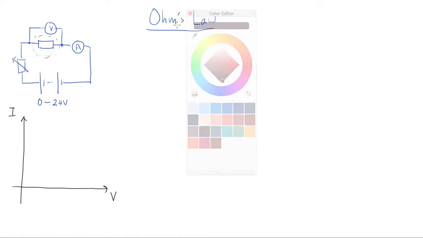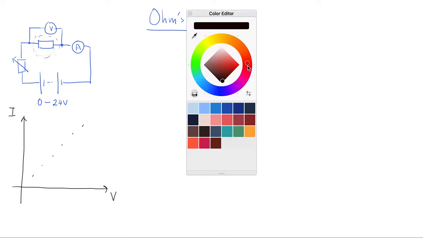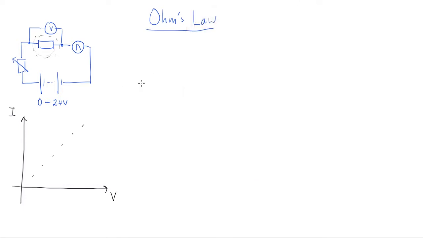Now it turns out for a ceramic resistor, like a normal resistor you would get in the lab, that if you do this experimentally, you will get points that correlate very well with a straight line graph which would pass through the origin.